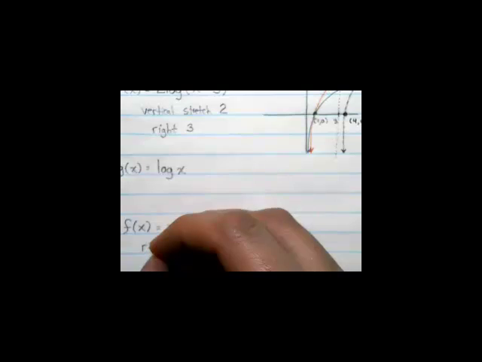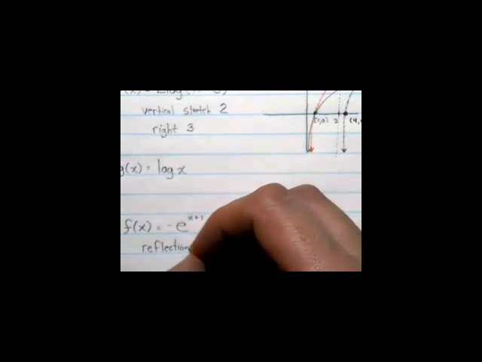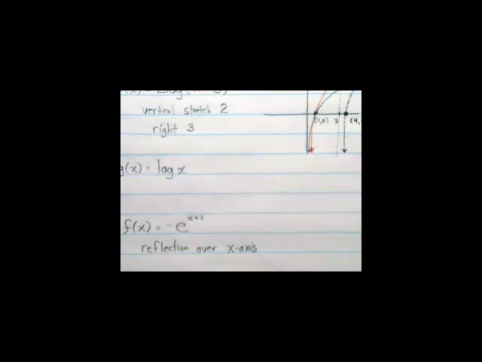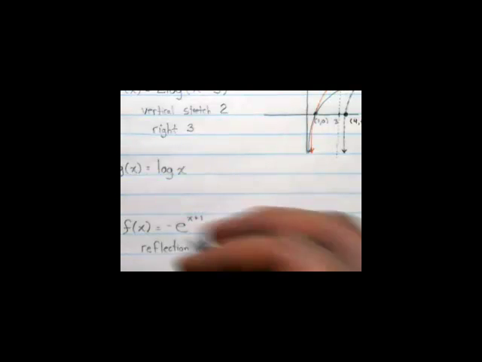So what's happening on this one? Reflection over the x. So, okay, yes, it is a reflection over the x-axis because the negative's in front of the whole thing. And yeah, it's to the left because the plus 1 is with the x, it's not with the whole function. So this goes to the left 1.